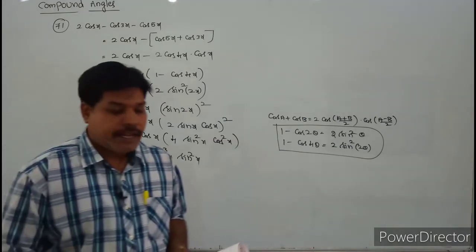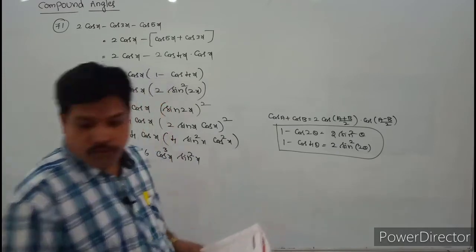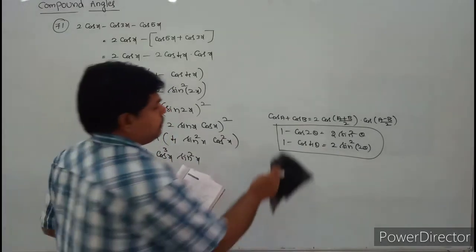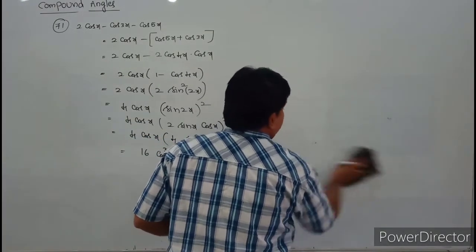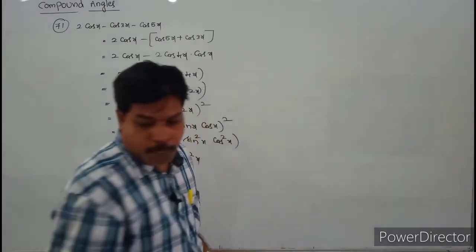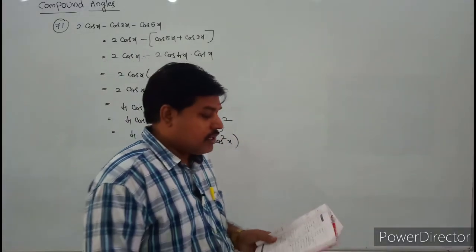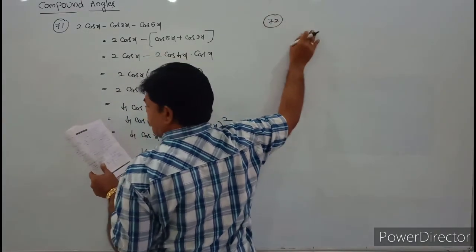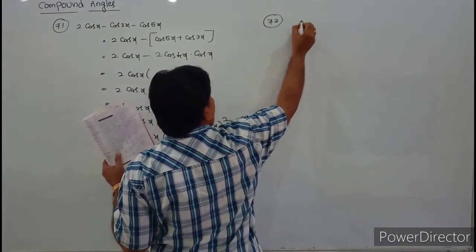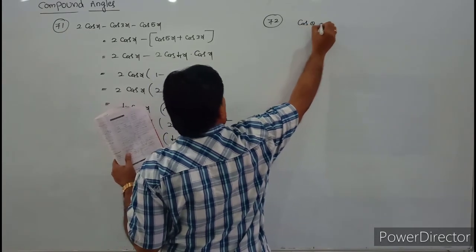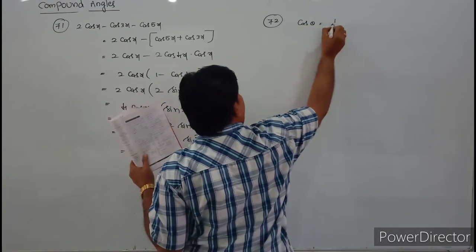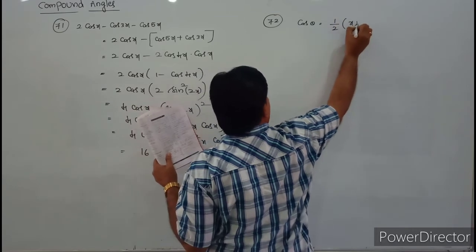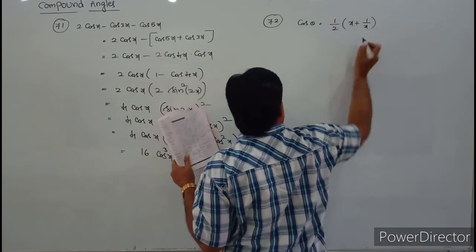So see the next question, question number 72. See this question, students, what is given? Cos theta is equal to 1 by 2 into x plus 1 by x.